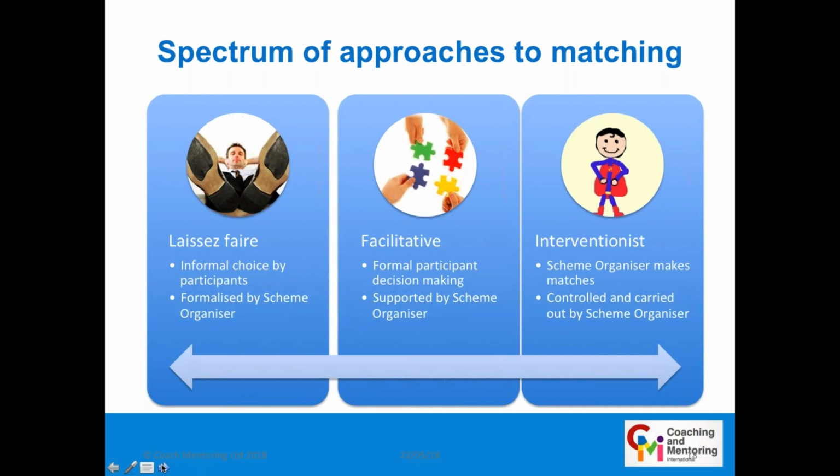Or then you've got the very interventionist type approach, where the organiser is doing the matching and the whole process is quite controlled. So think about when you're organising your matching, what sort of approach you want to take. And keep that idea in mind that the more choice people feel they have, often the happier they are with their match.